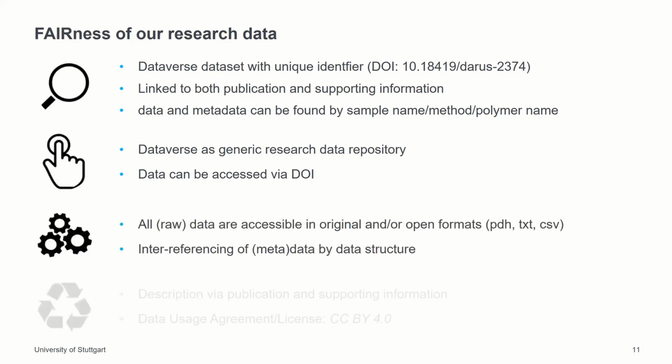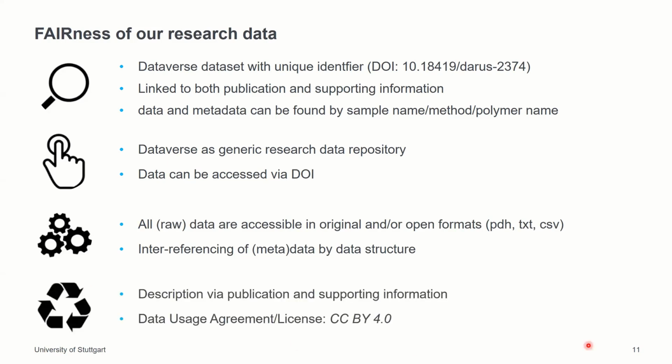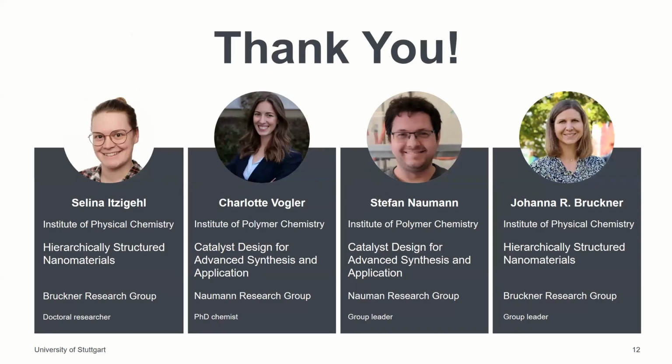We added the data in an accessible way, so it can also be used again. And also for the reuse, we made sure that we have the licensing agreement, so it is openly available upon citation. Yeah, and this is the end of my presentation.